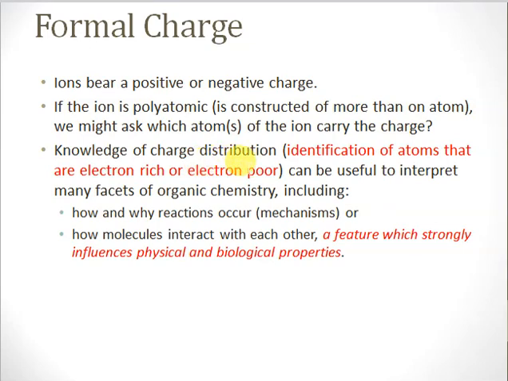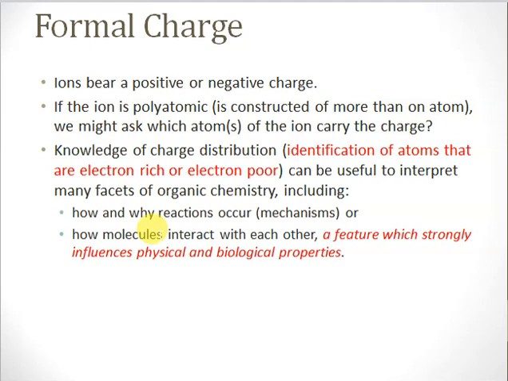So this concept of electronic distribution is very important in order to interpret many facts of organic chemistry, including how and why reactions occur. This study of how and why reactions occur is known as the mechanism. Second, how molecules interact with each other, right? So which is deficient and which is rich, and what are the physical interactions or attractions between different molecules.